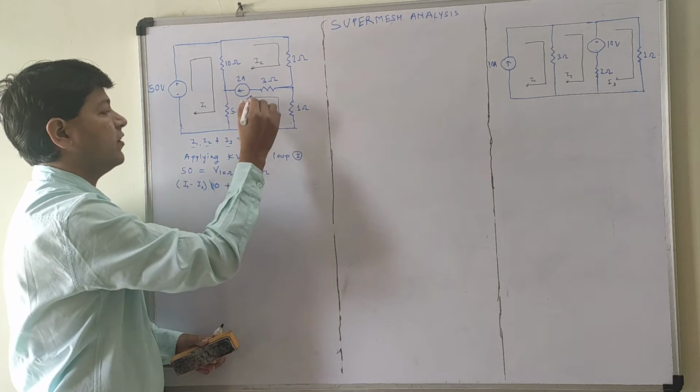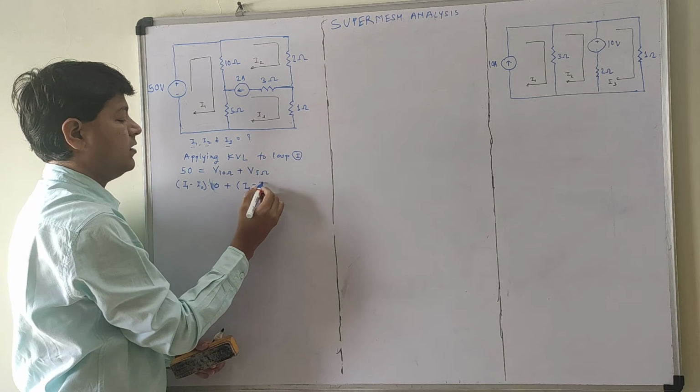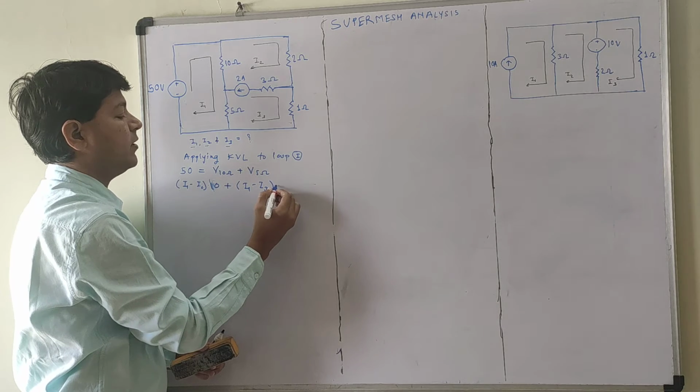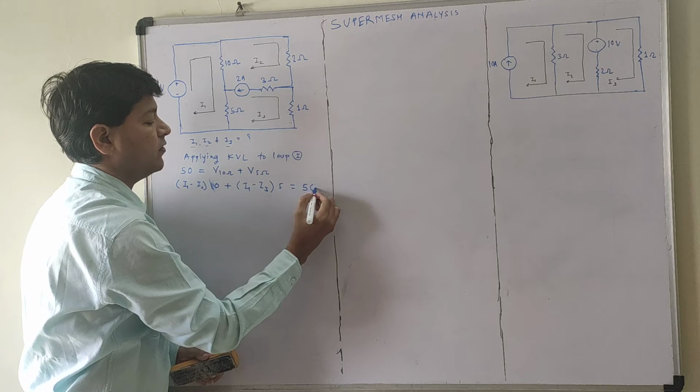I1 is opposed by I3, so this will be I1 minus I3 into 5. The 50 volt source I am writing on this side.